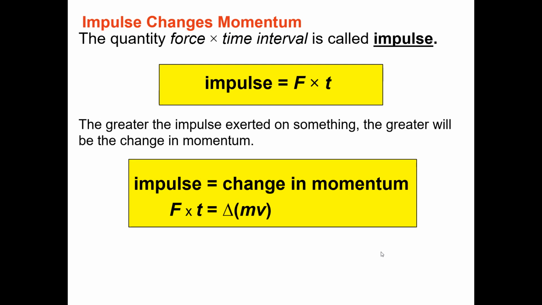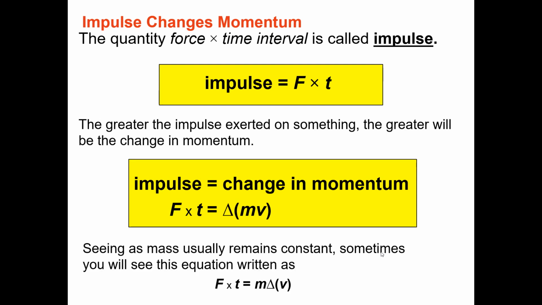So a lot of times you'll see this equation slightly rearranged like this. It'll say force times time equals mass times the change in speed or velocity. Since mass probably doesn't change, like if you're pushing a car, the mass of the car is not going to change, there's no need to put it inside of the parentheses after the delta symbol.